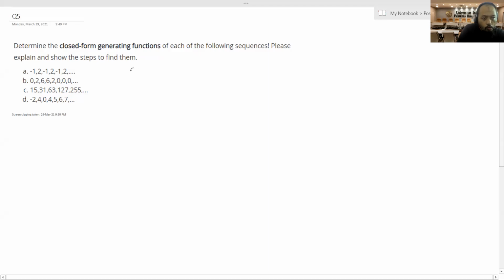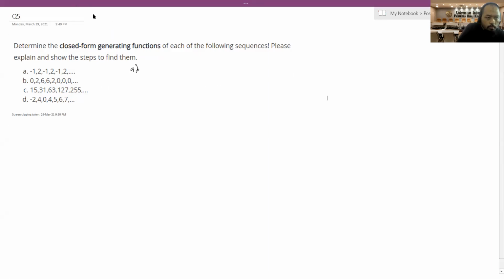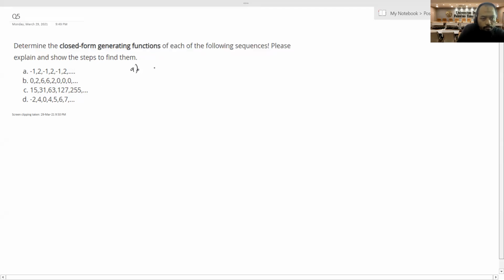Let's start with A. The generating function g(x) is equal to minus 1 plus 2x minus x squared plus 2x cubed minus x to the power of 4 plus 2x to the power of 5, and so on.